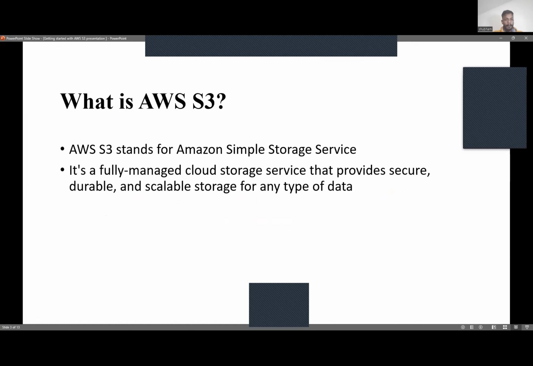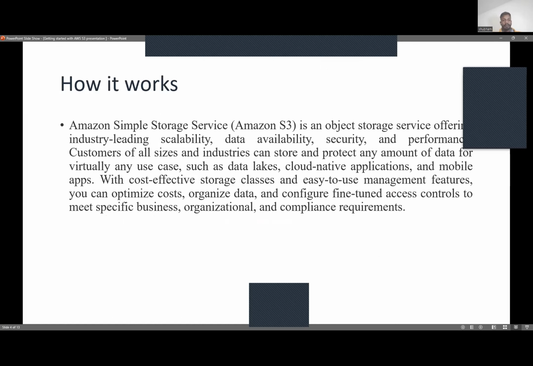So let's move further and see how it works. As we know, S3 is a simple storage service. It is an object storage offering industry-leading scalability, availability, security, and performance. Availability means that when you upload any object, there is a 99.9% chance that the data is available there.